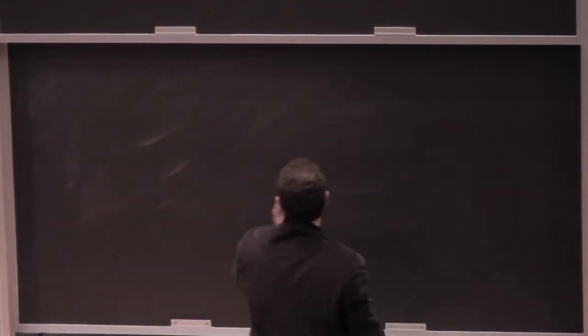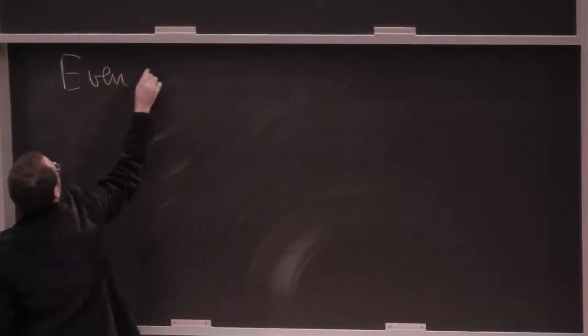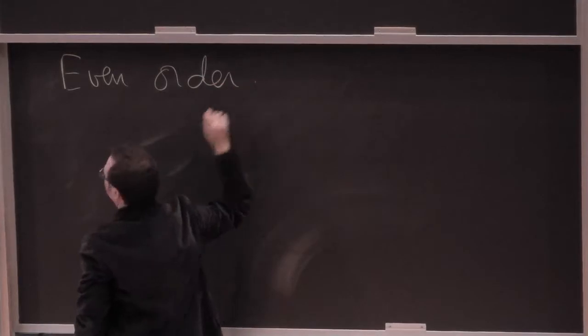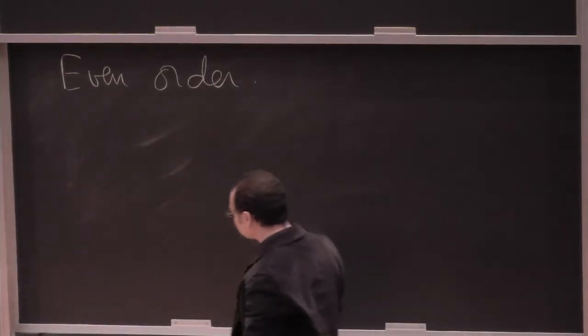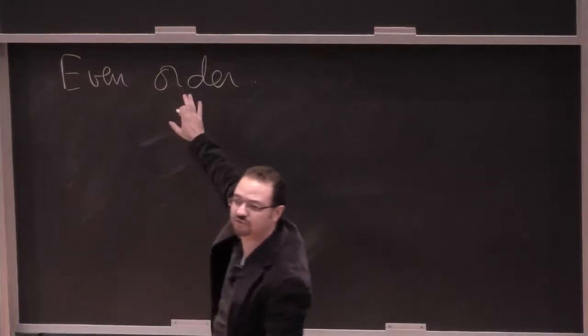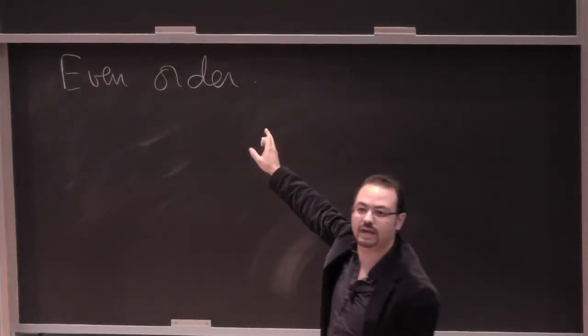And remember this result of Paley that gives you quadratic characters for which the character sum is large, so for which it is something like square root of q log q with a constant. And we will see that this situation is very similar if the order of the character is even.